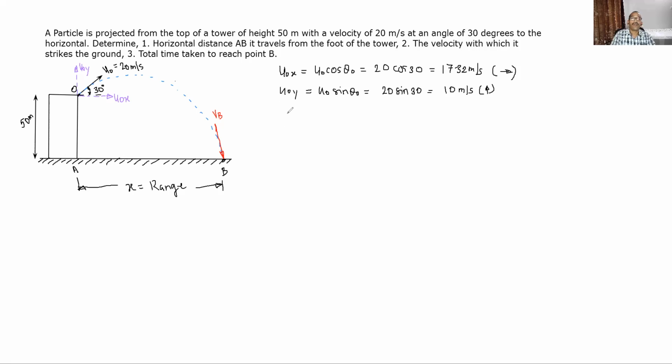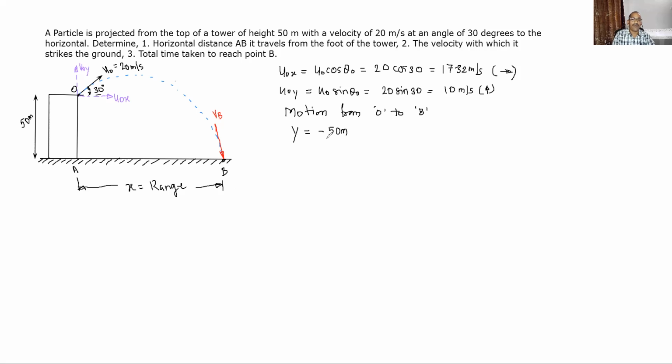Negative. If you consider the motion of this particle from point O to point B, from the given data what is known is y, and this value is 50 meter, but as the final position is below the initial position, 50 meter is negative. Now you know why.